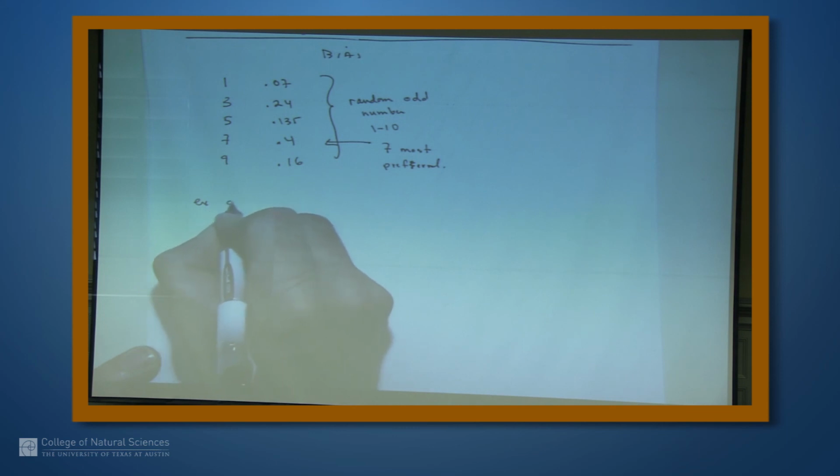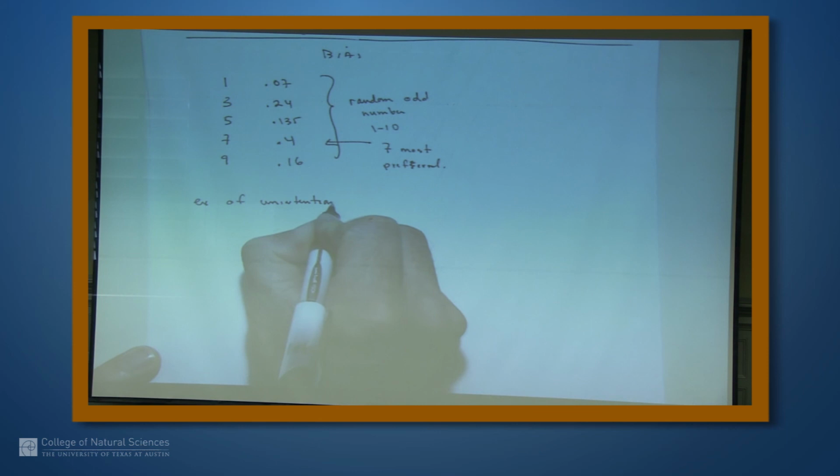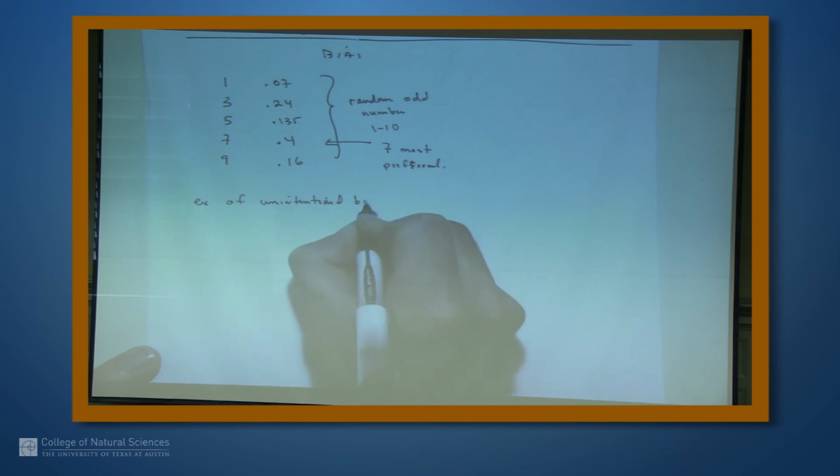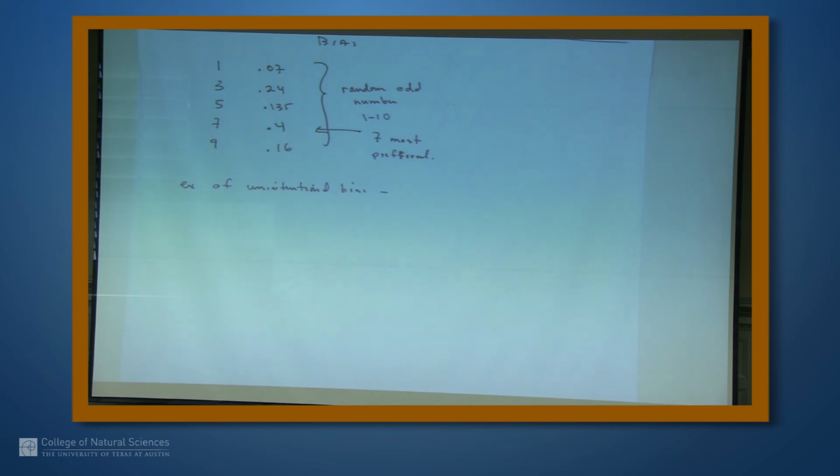This is an example of unintentional bias. We can think of this as an unconscious process in which our brains do a couple of different things. One is they're non-random, and we're also not being objective in many cases.